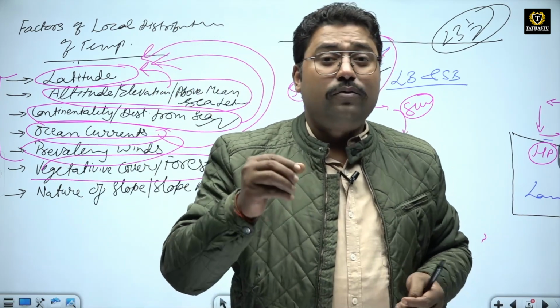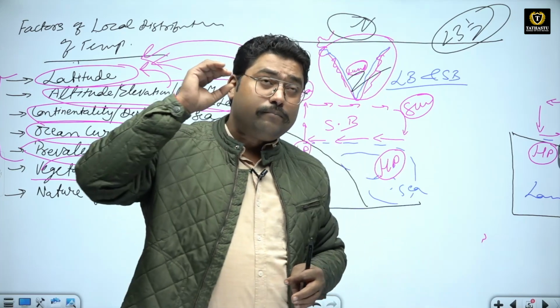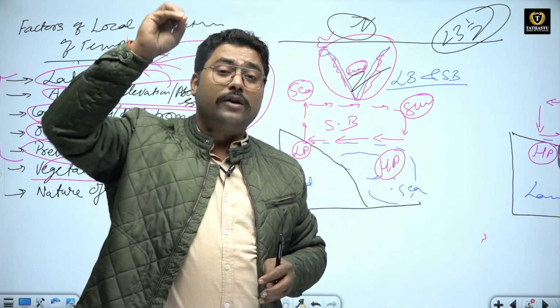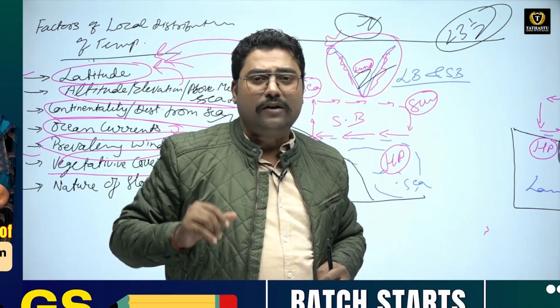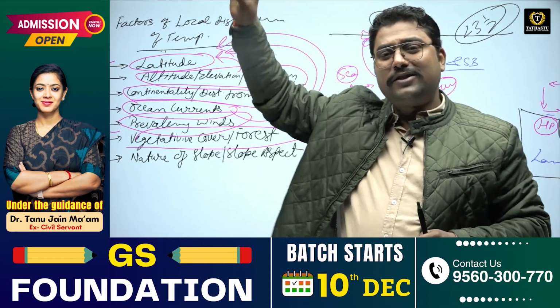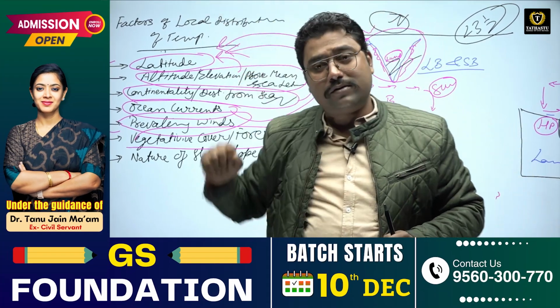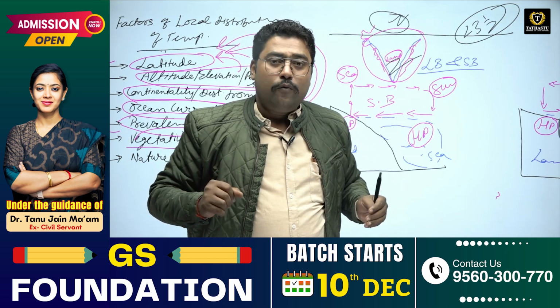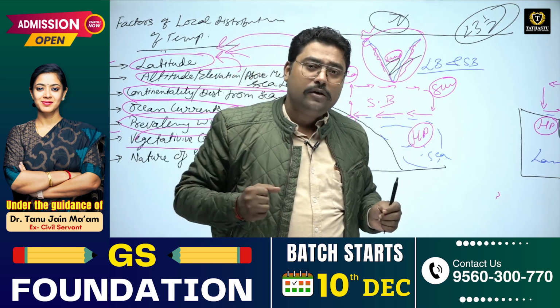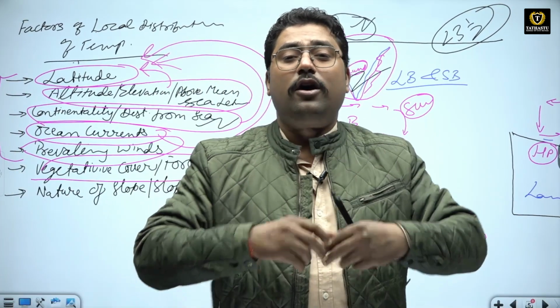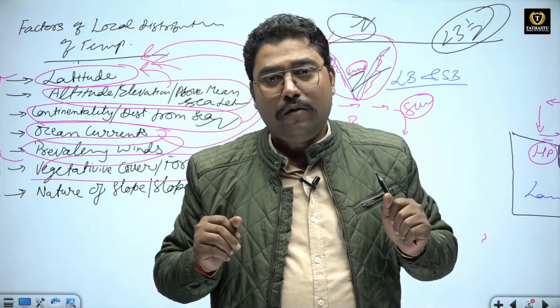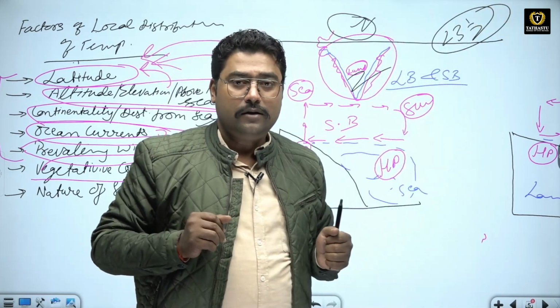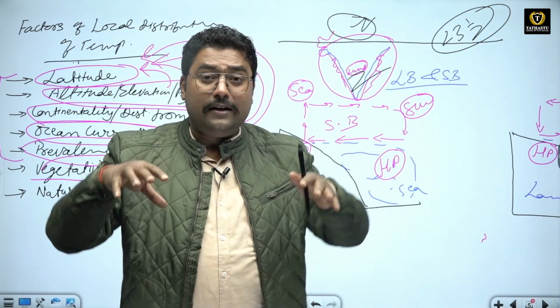Like if you notice, or I am making you remember, during the summer season when we go to our villages, or grandmother's or grandfather's house, what did we used to do in our childhood? We used to play in the mango orchards. We used to sit in the garden below the tree. Why?